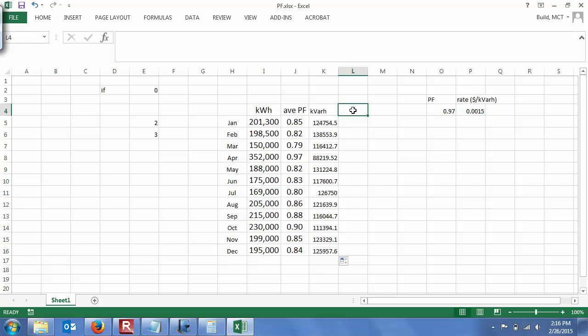And I'll just do a 0, 1 on my IF. So equals IF that is less than that, then I get charged.